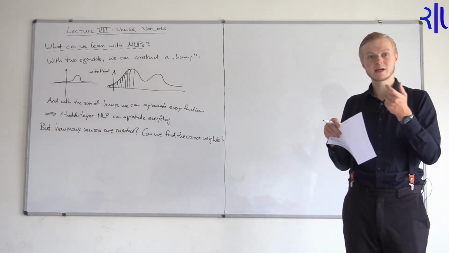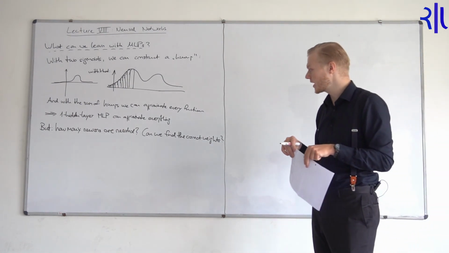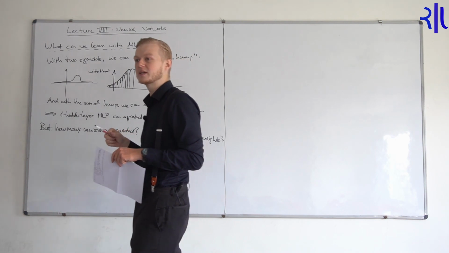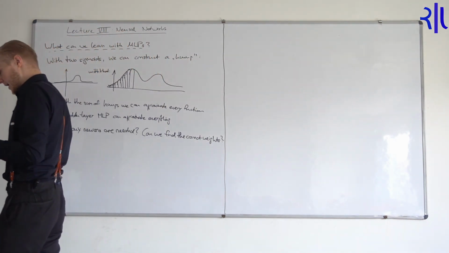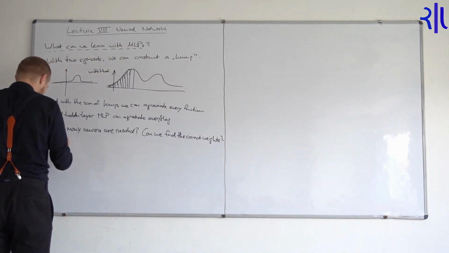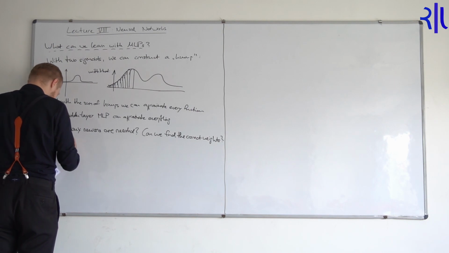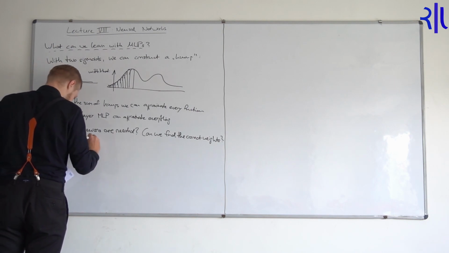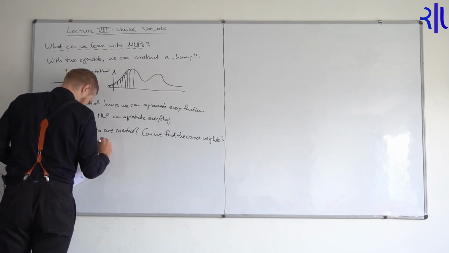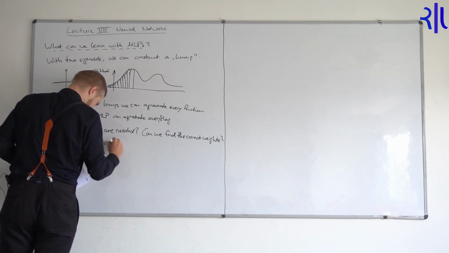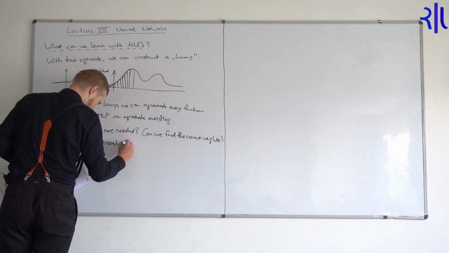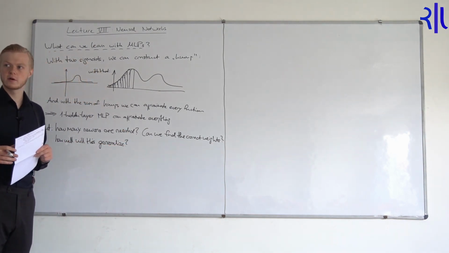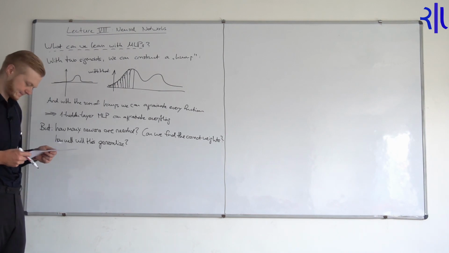And then we have to arrange it in the correct way. So we need some automatic procedure to find the weights, and can we even do that? And finally, how well does such a neural network generalize?